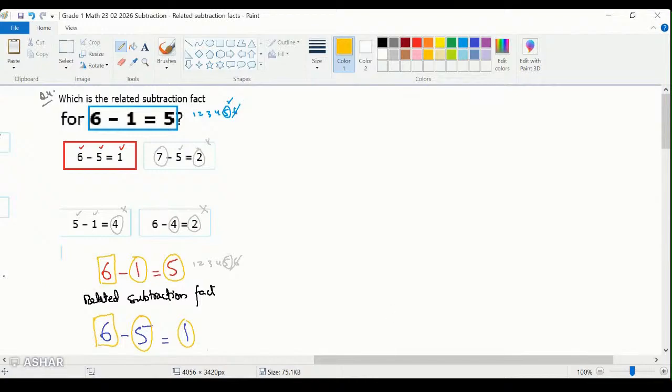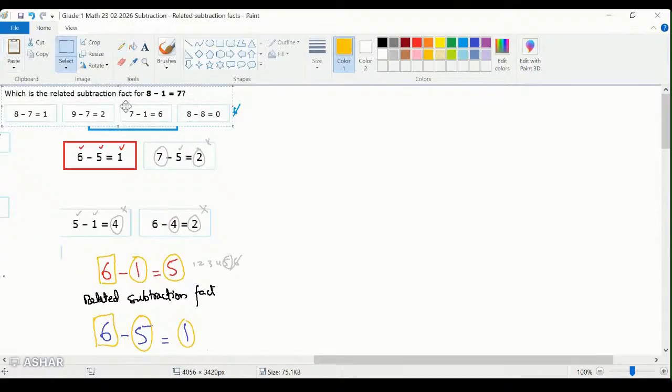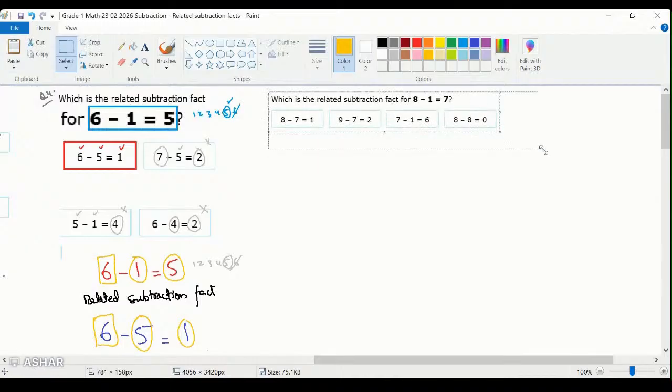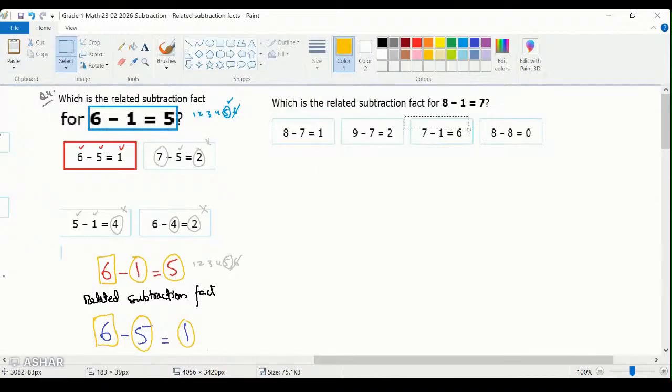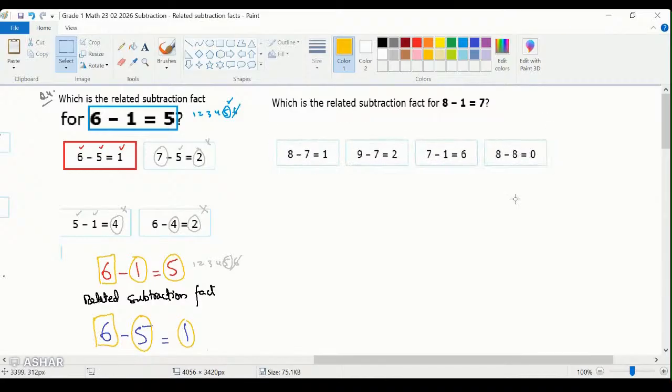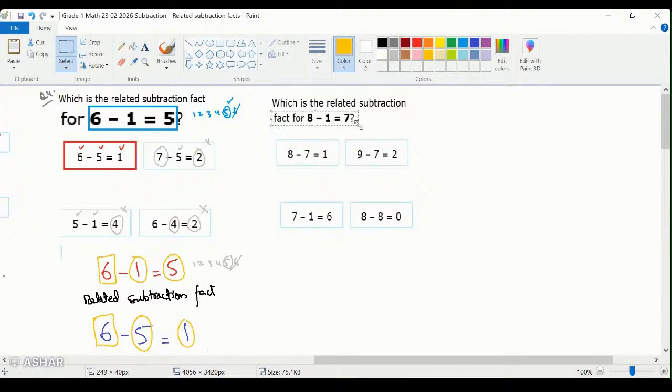The next question we have, it says, just a moment, please. They're asking us which is a subtraction related fact for this. 8 minus 1 would always be equal to 7.